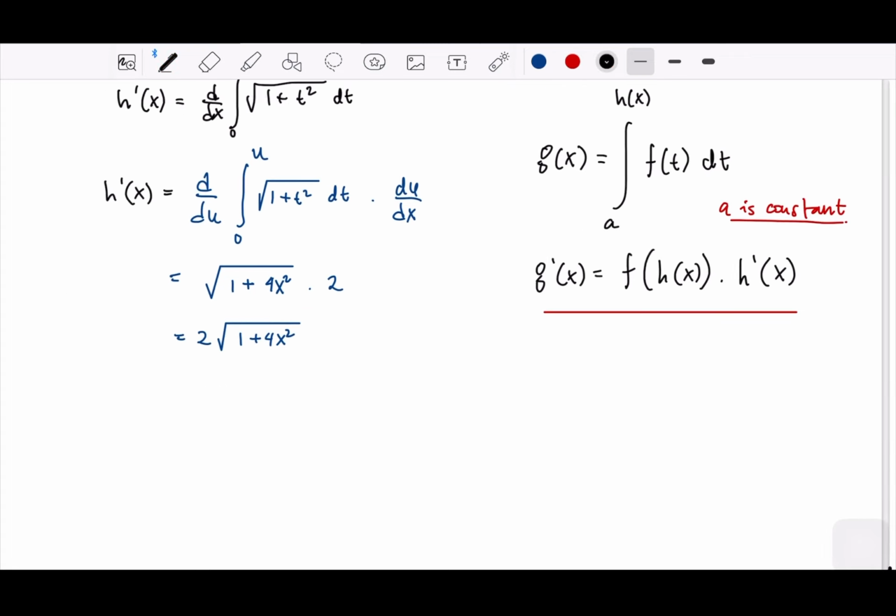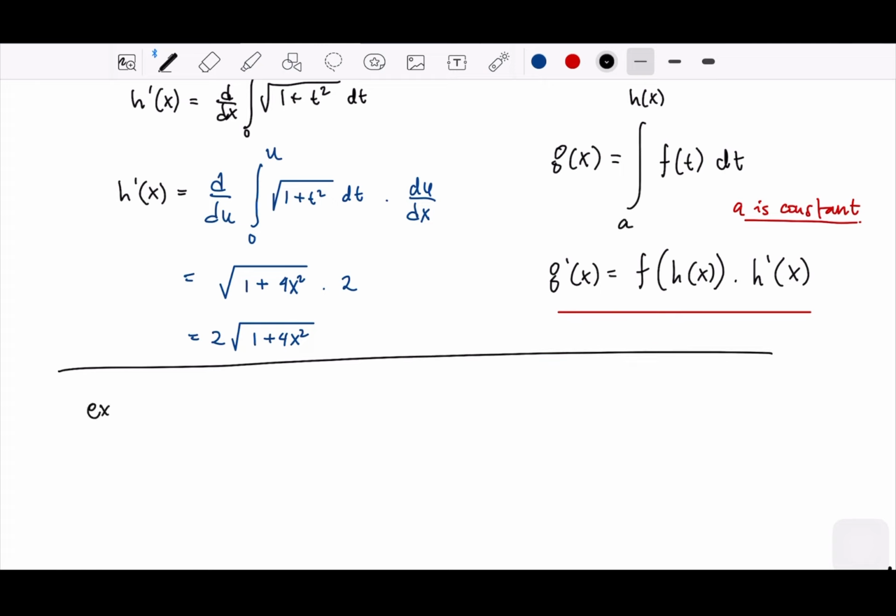So if we have another example, okay, this will result in secant x with power of 4 multiplied with 4x cubed.